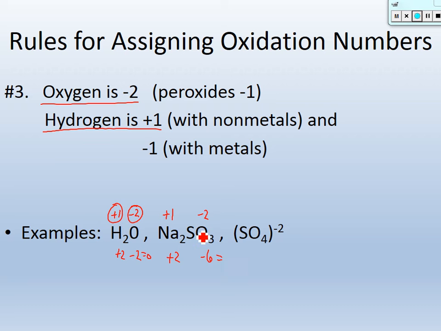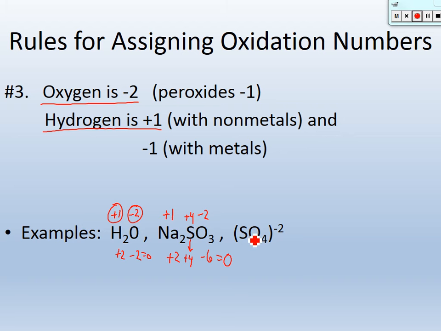Now, this compound doesn't have a charge. Its charge is 0, it's neutral. So that means it's got to sum to 0. So sodium's +2, oxygens are -6. What does this sulfur have to be so that it sums to 0? If you do the math on that, that's going to be a +4. Okay, so sulfur is +4.